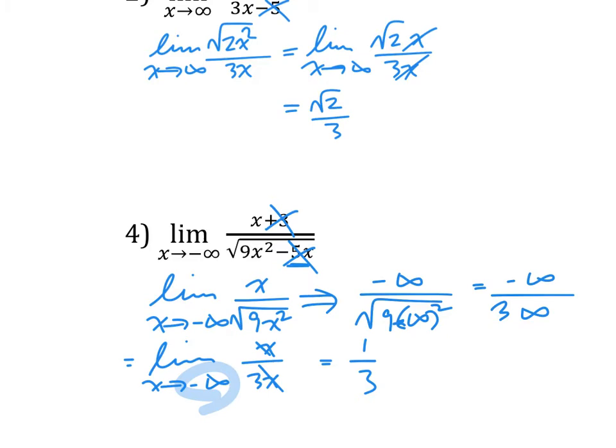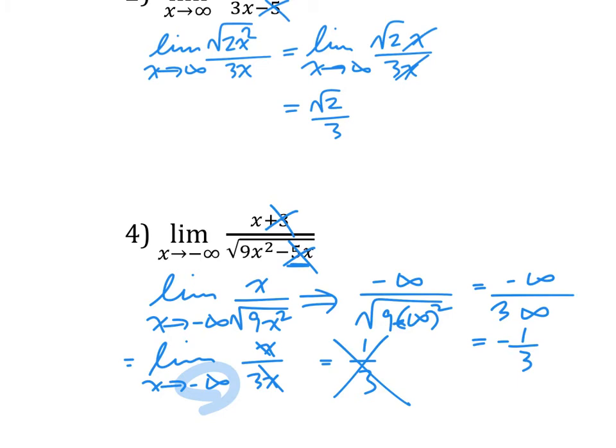Why didn't I write negative infinity? That's because we have to follow the order of operations, right? We would square it before we square root it. So the squaring took off the negative sign, and it became positive here. And so there is this negative that we had to consider. So the limit is actually negative 1/3, not 1/3.